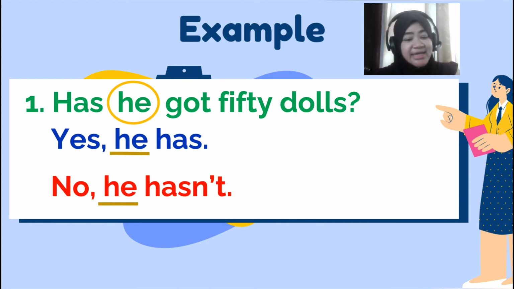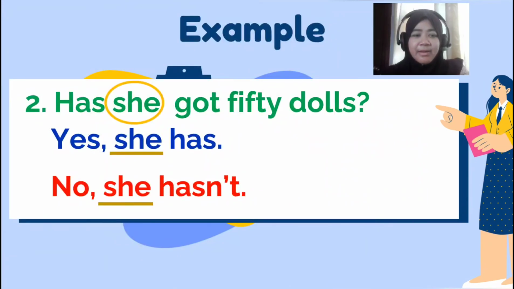Example number 2. Has she got 50 dolls? When the question uses she, the answer must also use she. For example, yes, she has. No, she hasn't.